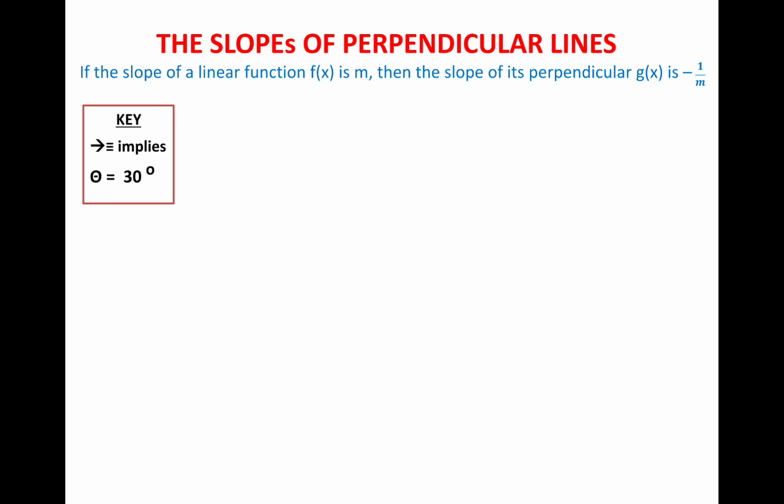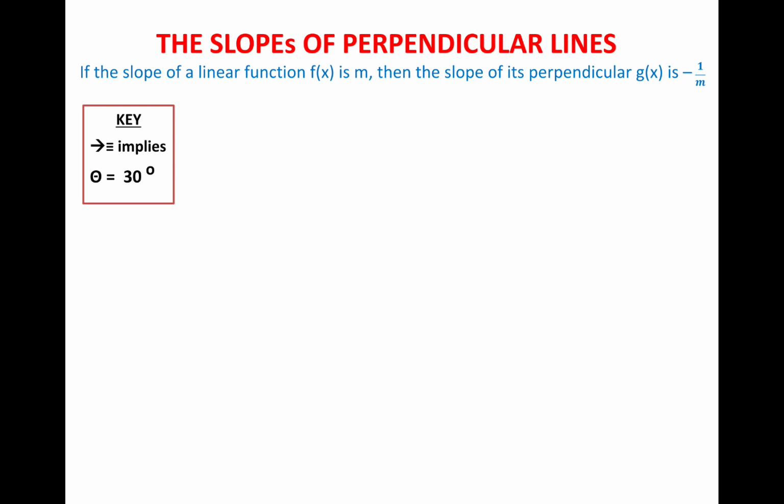This video is intended as a review of two important relationships that I feel would be interesting to revisit. One of the relationships is between the slope of a linear function and the line that's perpendicular to it. The second relationship will be between the linear function and the angle adjacent to it.